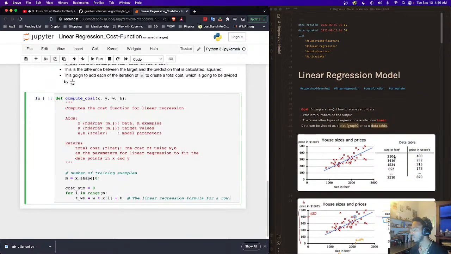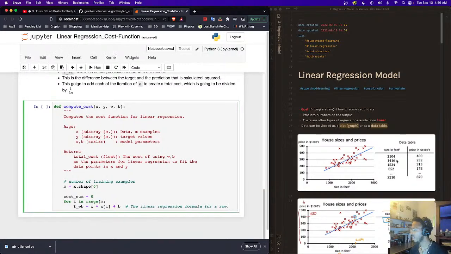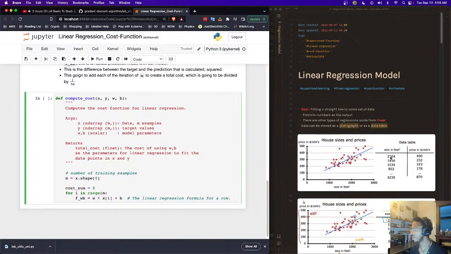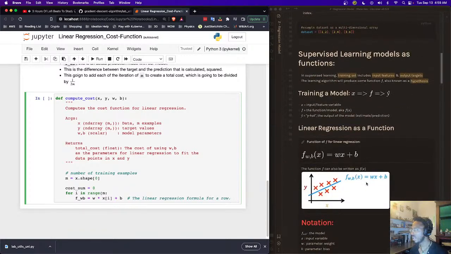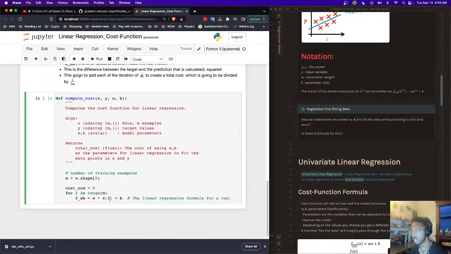By the way, I call it a row because if we were to look at this as a data table, our x values would be in this column, and then an x and a y together would represent a row. So index and row are kind of interchangeable in a sense. Okay, so that's what this represents. This is the formula for linear regression in regards to the x input at a specific index within our training data.